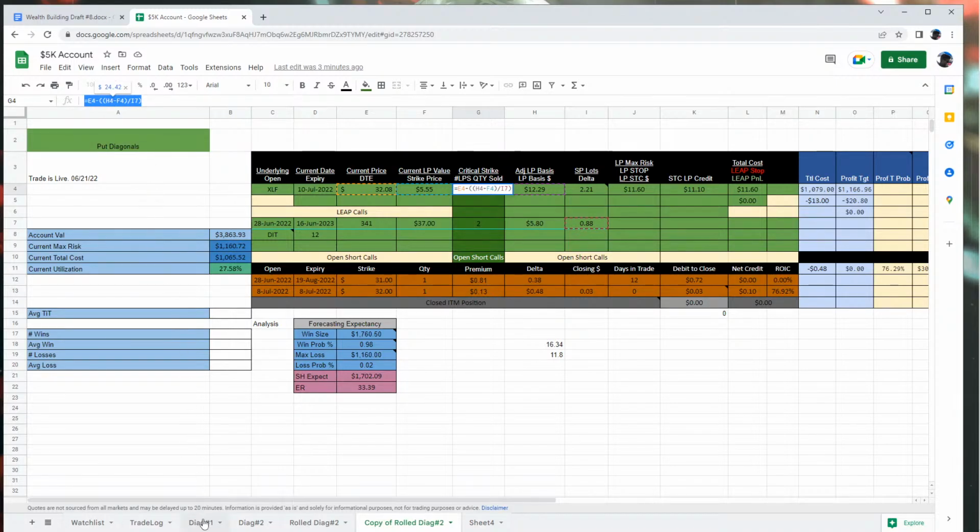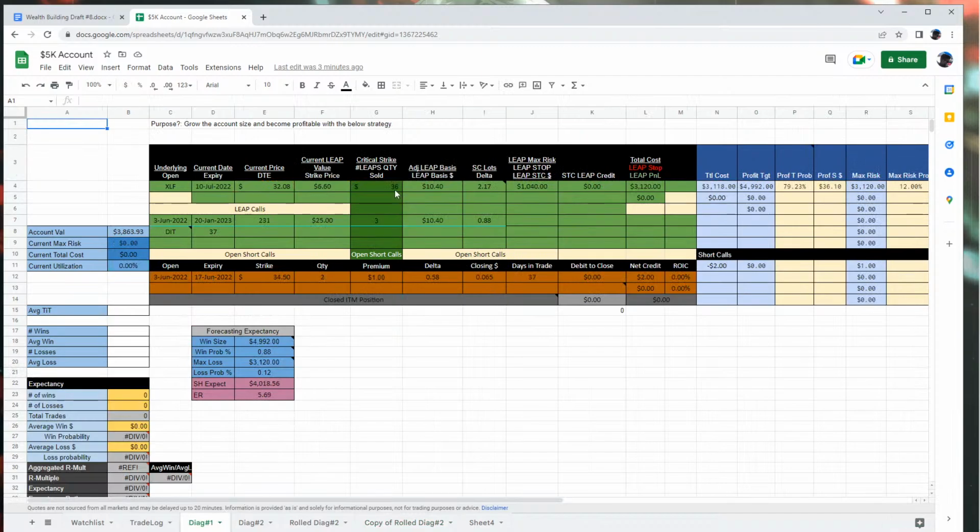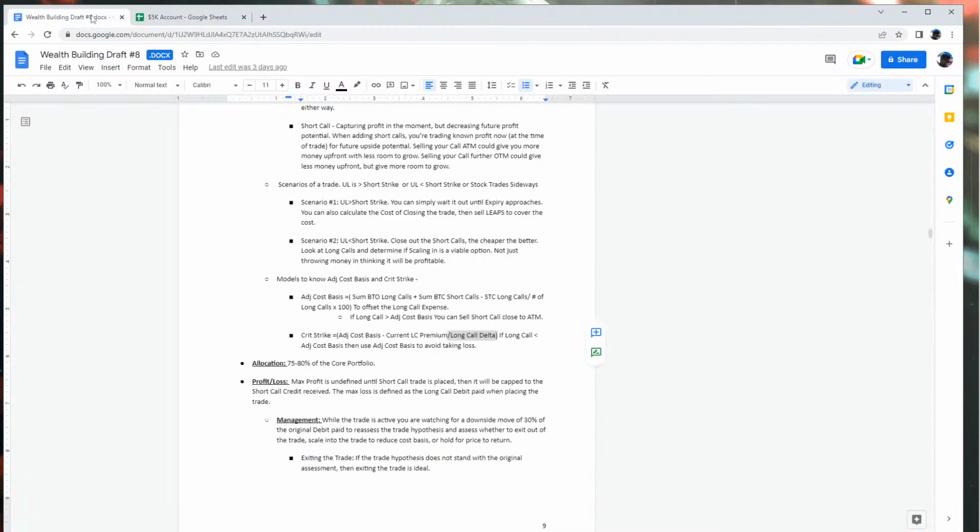So if we come over to this example, because this is a better example, you have the adjusted long basis, H4. So that's your 1040 here, minus the current long call premium, or just long position premium.